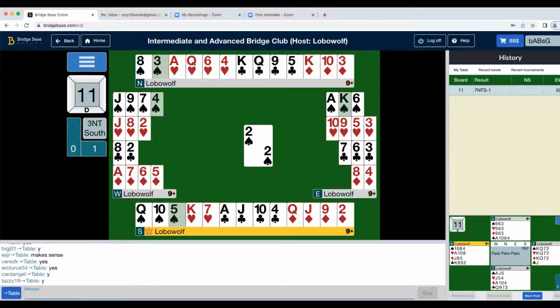Okay. Now, for all the money in a trip to South Dakota, does anybody see what East could have done that would have been even better?